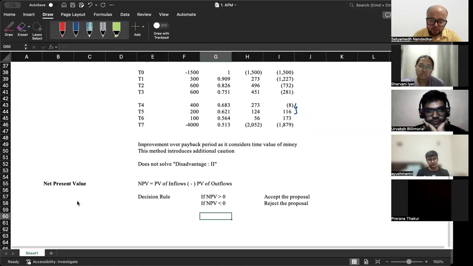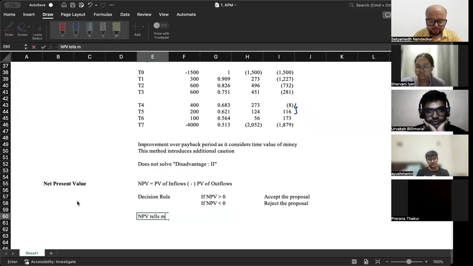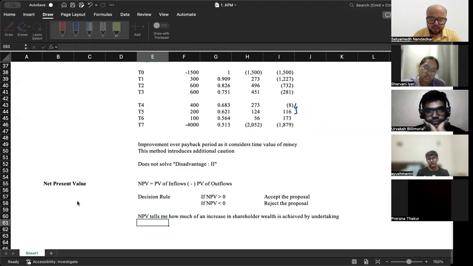And NPV tells me how much of an increase in shareholder wealth is achieved by undertaking this project.